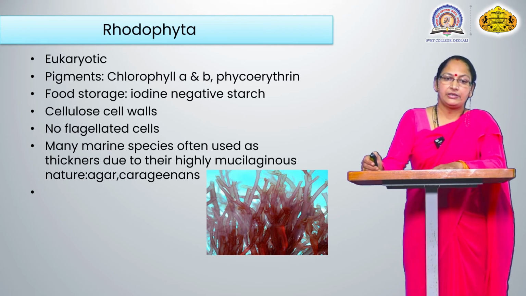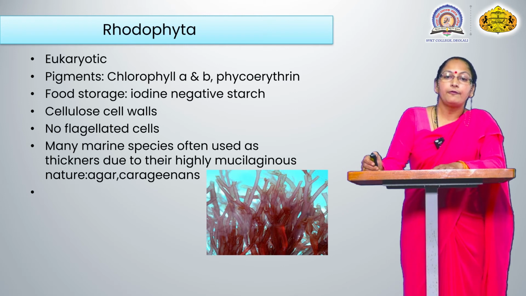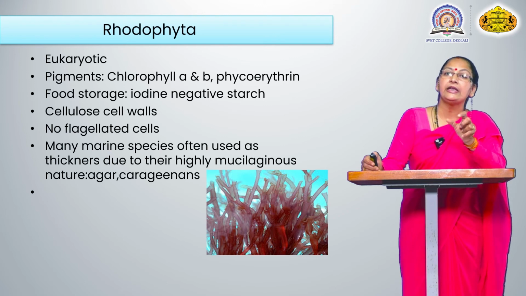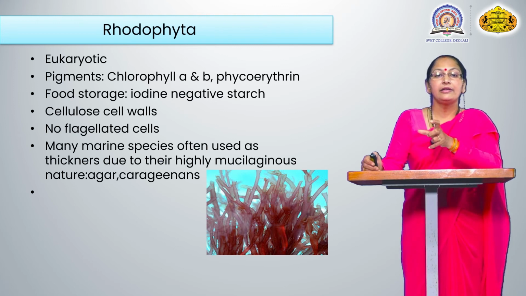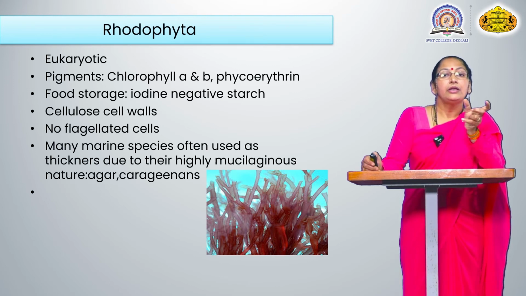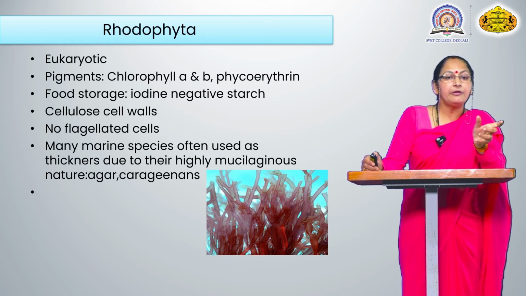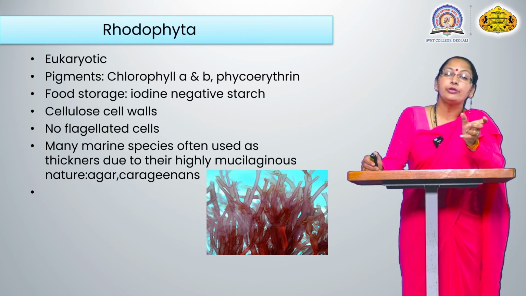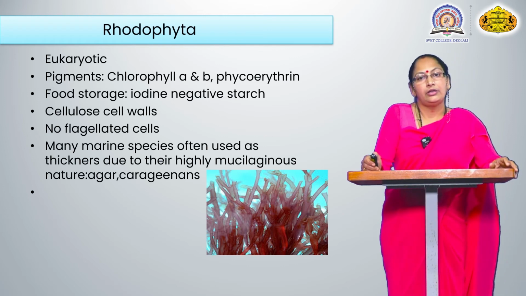Then next one is the pigments. In Rhodophyta the pigments are chlorophyll A, chlorophyll B, then the phycoerythrin. It is one more different pigment present in red algae. That's why it gives the red color. That's why it is important. In algal forms, the pigment character is very important. See student, the pigments of the Rhodophyta are chlorophyll A, chlorophyll B, and also phycoerythrin.